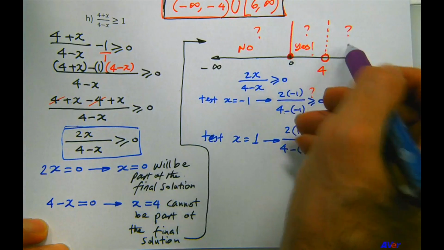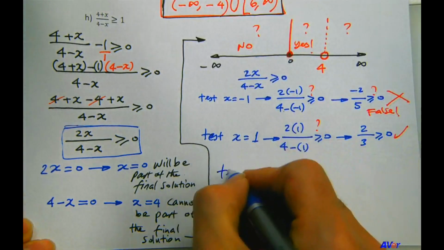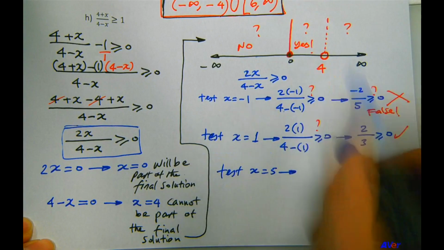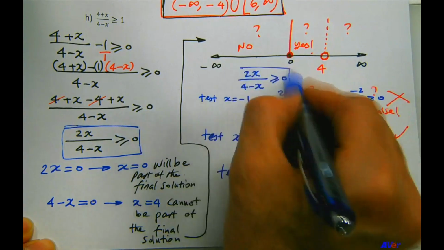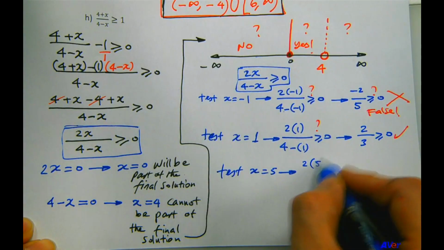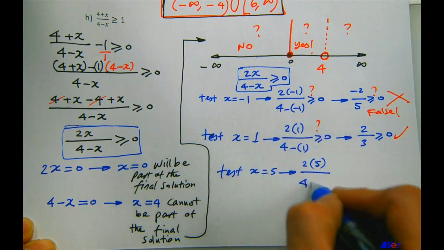And let's test a number in that region, maybe x equals 5. So plugging in here, 2 times 5 divided by 4 minus 5.